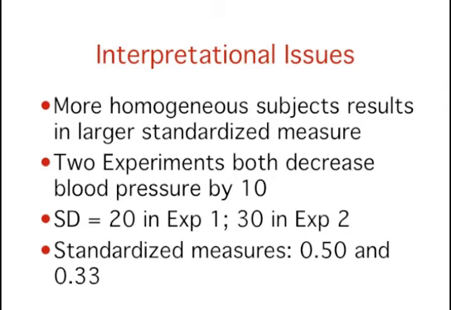Assume that the mean effect on systolic blood pressure of the program is 10, and that due to differences in the subject populations sampled in the two experiments, the standard deviation was 20 in experiment 1 and 30 in experiment 2. Under these conditions, the standardized measure of effect size would be 0.50 in experiment 1 and 0.33 in experiment 2. This standardized difference in effect size occurs even though the effectiveness of the treatment is exactly the same in the two experiments.